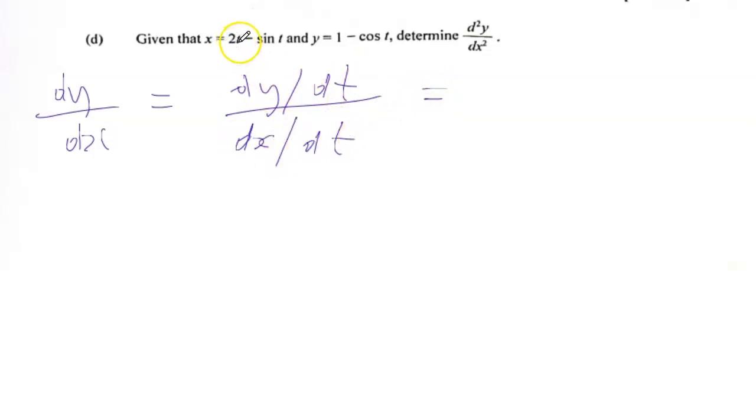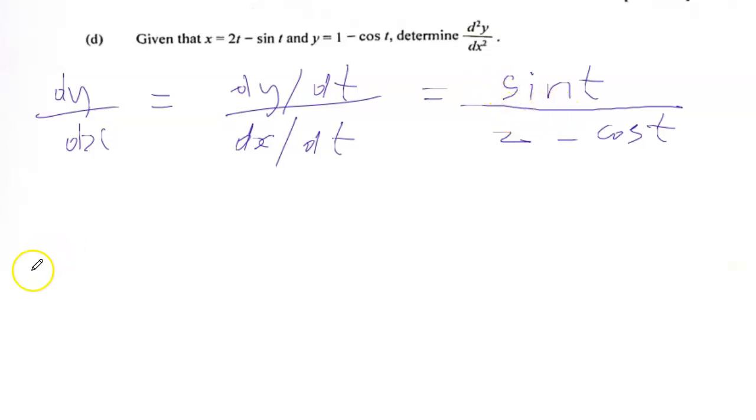So dy by dt: differentiate y, differentiate 1, we get 0. Differentiate negative cos t, differentiate cos is negative, so the double negative, you end up with positive sine t. And differentiate x with respect to t: differentiate 2t, you get 2, differentiate negative sine t, that's negative cos t.